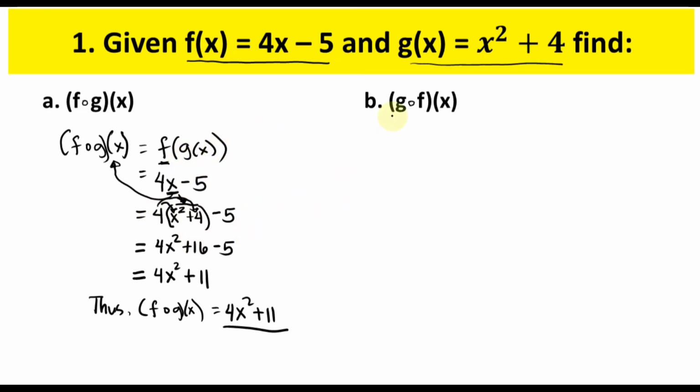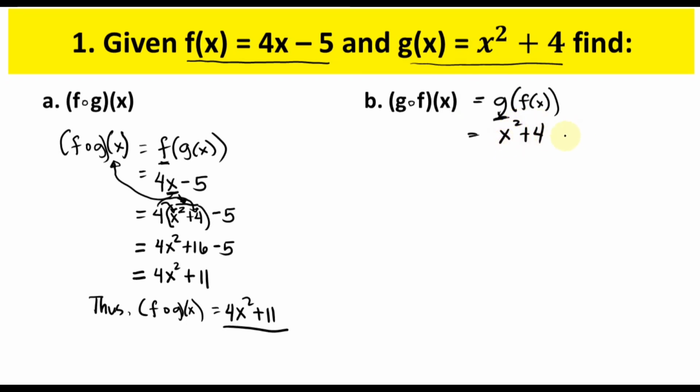So for letter B, we have the composition of g with f of x equals g times f of x. So again, kung anong nauna dito, kopyahin natin yung value ng g of x. So g yung nauna, so ang value ng g of x is x squared plus 4.